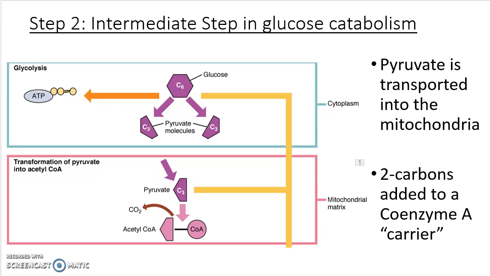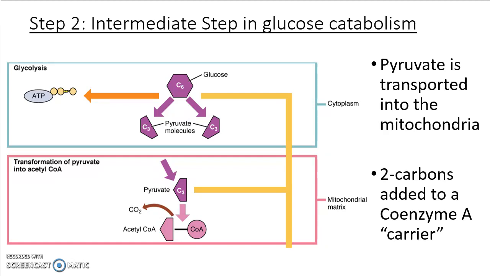And when that reaction takes place, some of the energy is going to come out of there, and it's going to get transferred to what's known as an electron carrier. So during this step, no ATP molecules are actually being generated. But what does come out inside of the mitochondria matrix, or the fluid, is the 2 leftover carbons from the pyruvate are going to get added to what's known as coenzyme A, which is basically a carrier molecule.